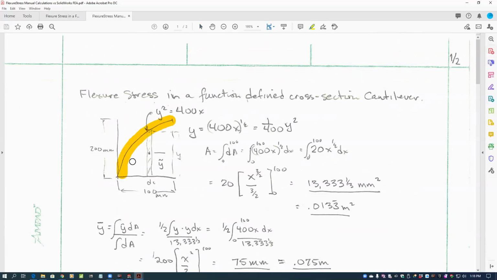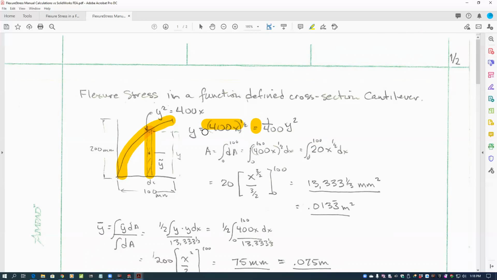And so by doing an integral with a vertical element, we can say that y is equal to, if y squared is equal to 400x, then y is equal to 400x to the 1/2. Let's ignore this because that's the value of the function in terms of x. So let's just ignore that one. So that shouldn't have an equal sign there.